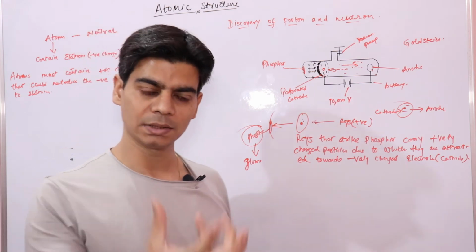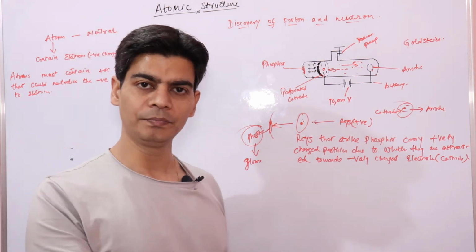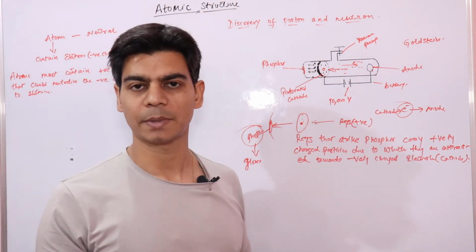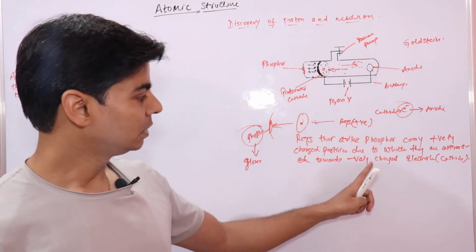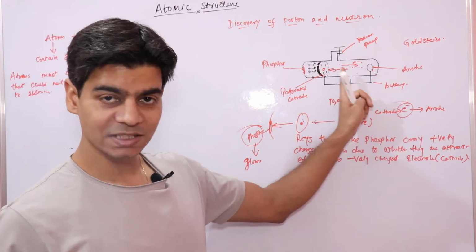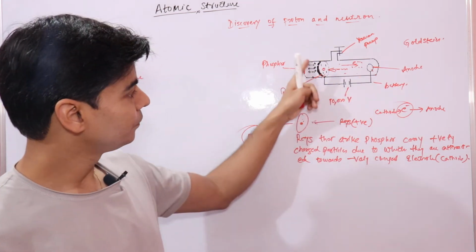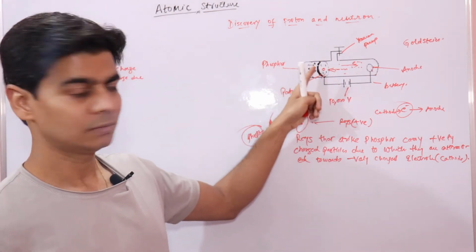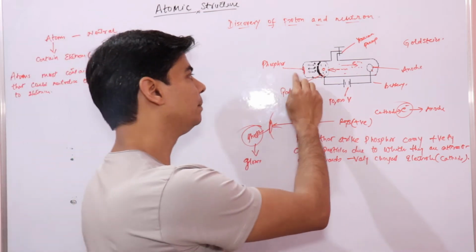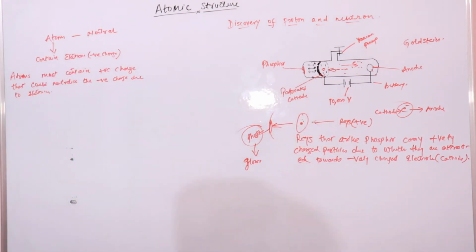That confirms that any atom contains positively charged particles as well. In this experiment they move towards the cathode and strike this point of the discharge tube where they make this phosphor material glow, right? So these are positively charged particles.